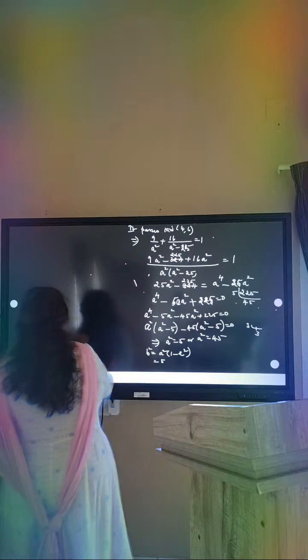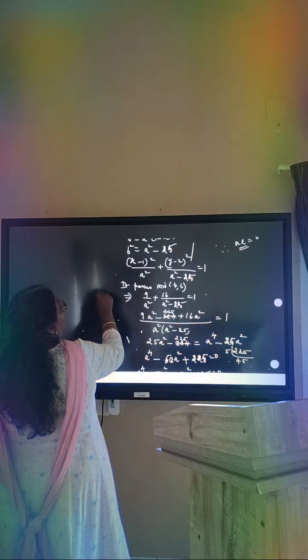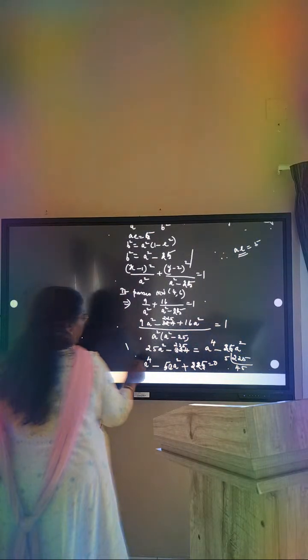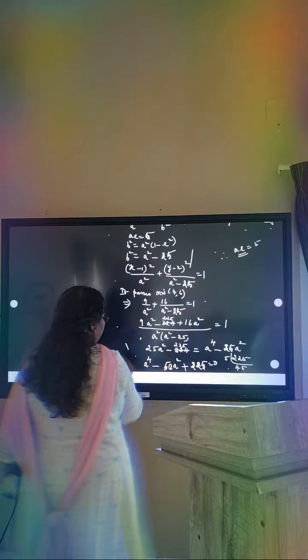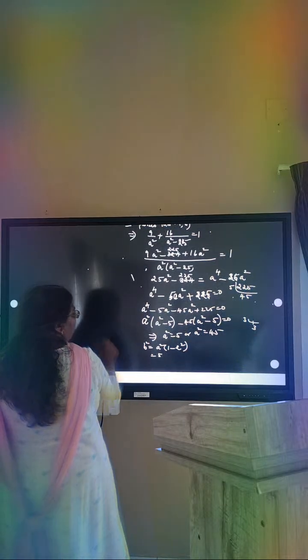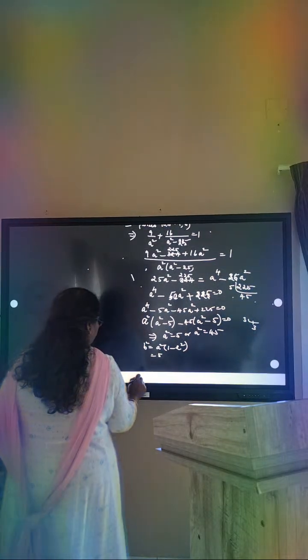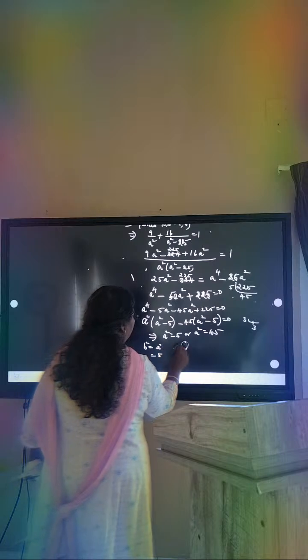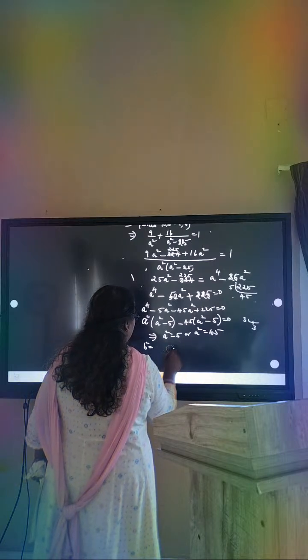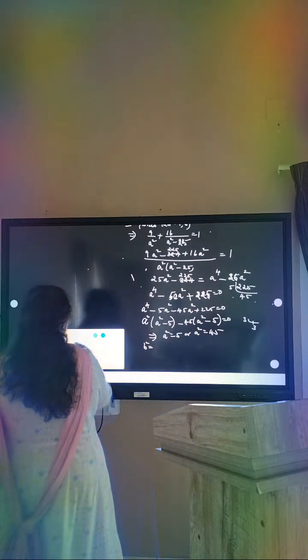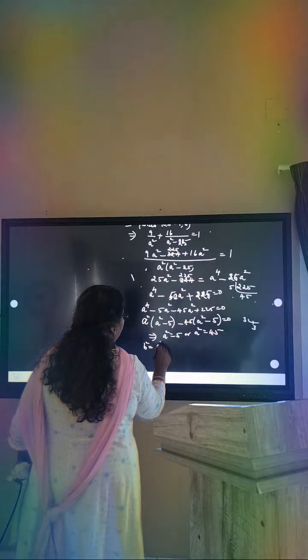You just go back to that relation. Your relation is b squared is equal to a squared minus 25. Yes. So b squared is equal to a squared minus 25. Use that.